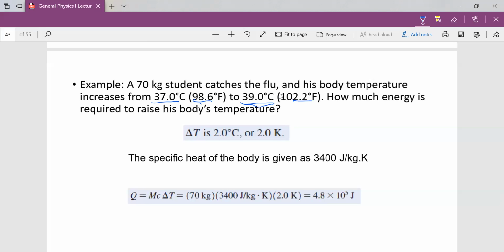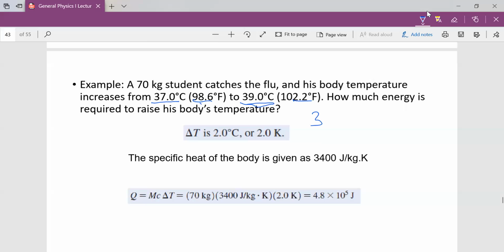So the first thing we note in the question is the change in temperature. The change in temperature is the final minus the initial, which is 39 minus 37, which gave us 2 degrees Celsius. Let me rewrite that.